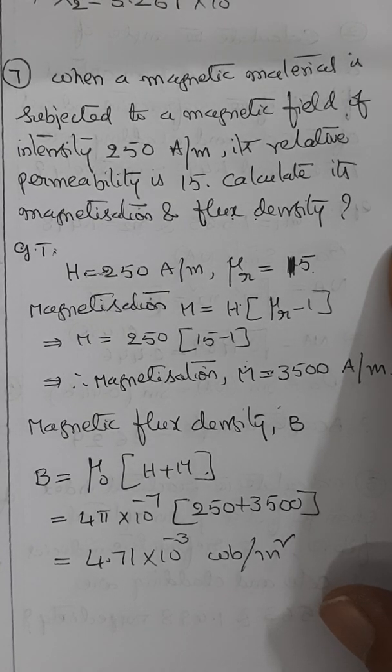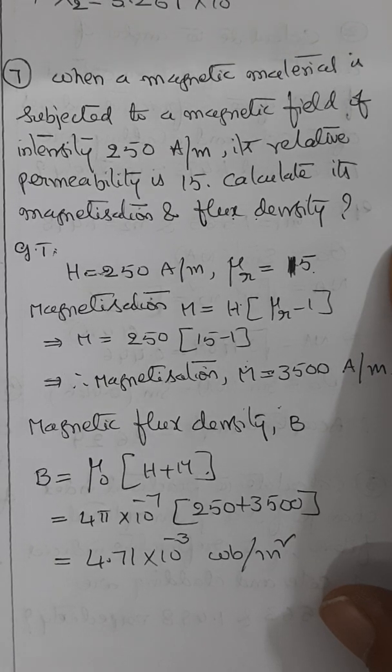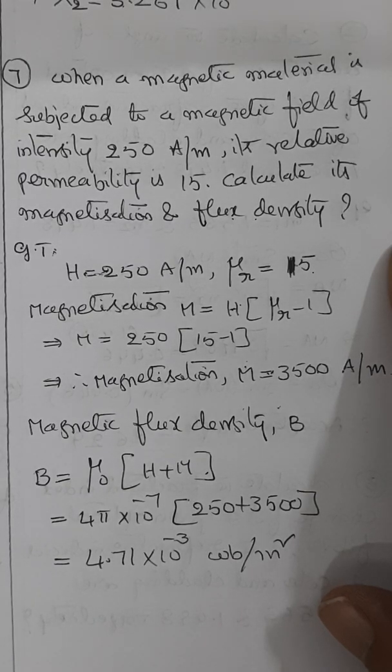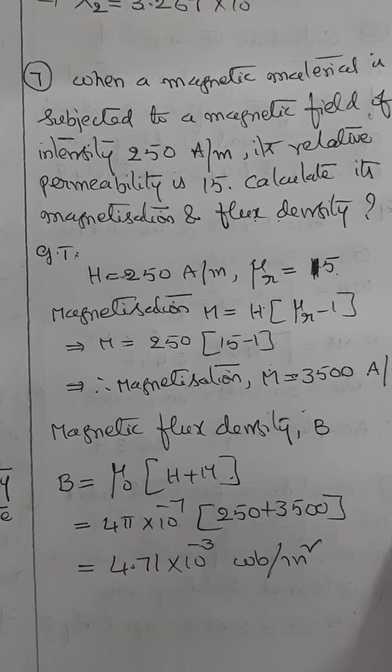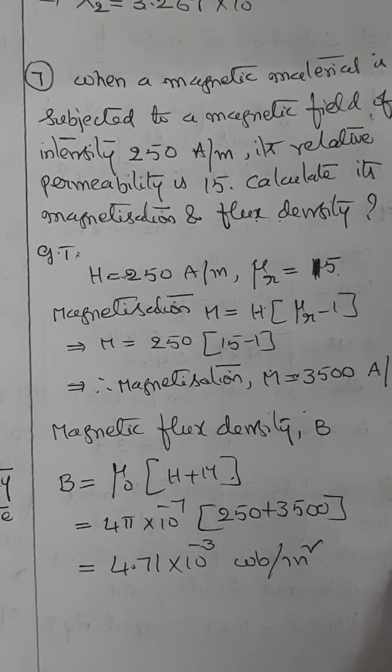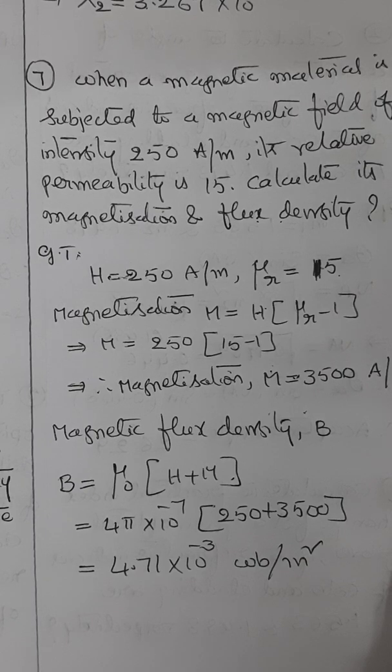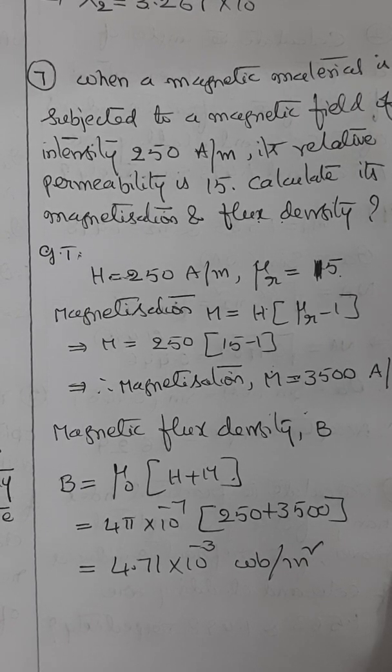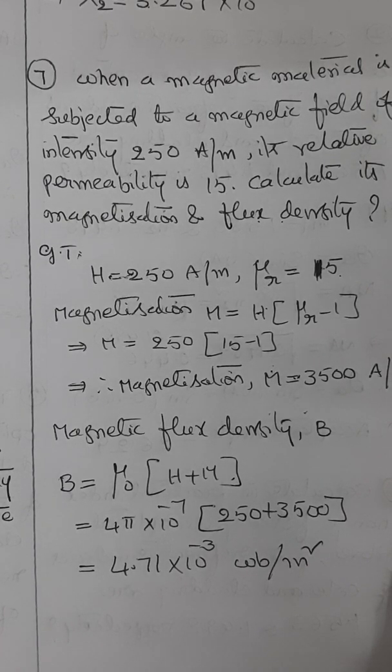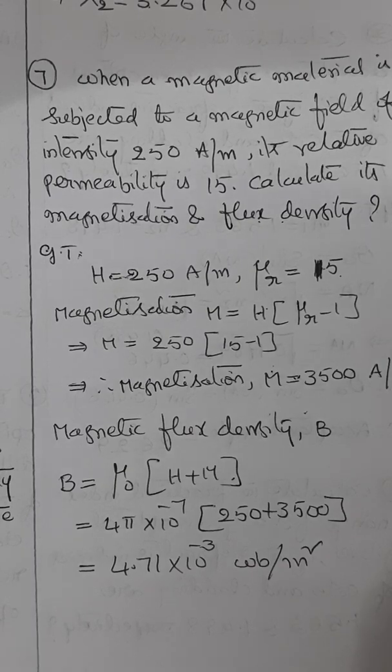Short answers may include defining what is magnetic susceptibility, what is magnetic permeability, obtain the relation between B, H and M, what is the relation between relative permeability and susceptibility, what is Bohr magneton, what is diamagnetic material, what is paramagnetic material, what is ferromagnetic material, what is an antiferromagnetic material, what is ferrimagnetic material, what is meant by hysteresis, what are soft magnetic materials, what are hard magnetic materials, what are the applications of soft magnetic materials, similarly what are the applications of hard magnetic materials. Short answer questions may look like that.